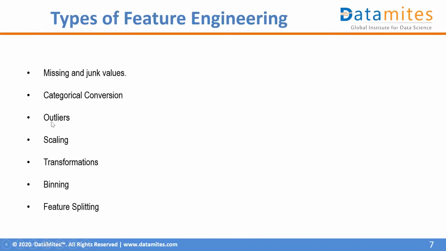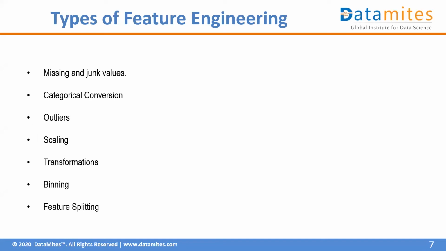Let's drill down into the types of feature engineering. In the last slide we saw the broader categories. Now let's drill into them. The first and most important aspect is that the data should not have junk values or missing values. Whenever we start working on any data science project, the first approach is to handle the missing and junk values. Missing values means the value got missed while taking the observation.